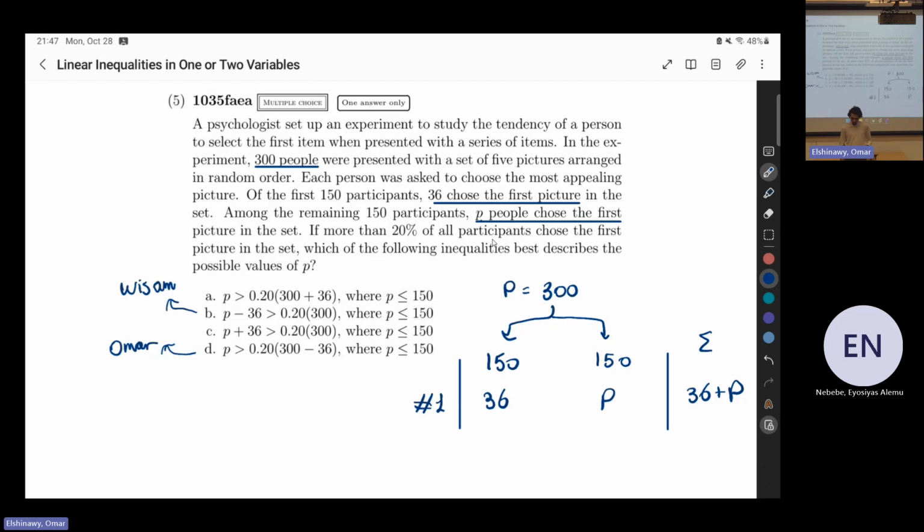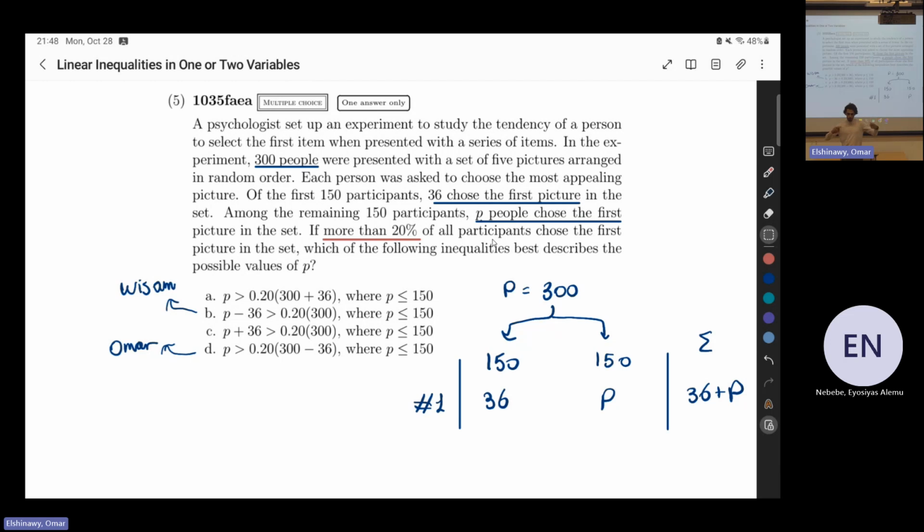Okay, and now what's the final fact that we still have not discussed yet? It says that more than 20% chose the first picture. So this 36 plus P with respect to the whole 300 is more than 20%.